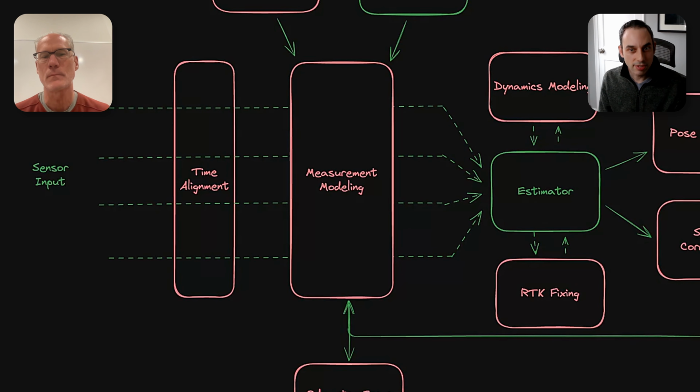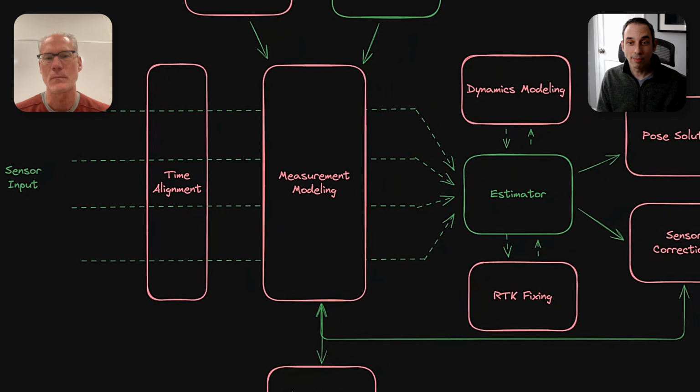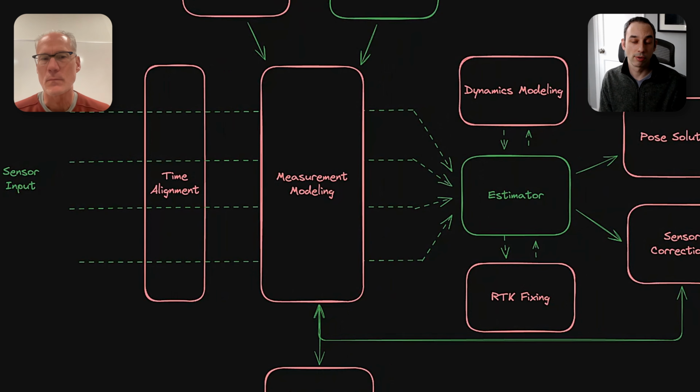This is a little easier said than done, but ultimately you push these measurements into this time alignment stage in this random order, and the time alignment puts them back into the order that they actually apply in the real world so that the rest of the system can use them without having to go through a lot of extra steps. That isn't to say in some cases that it's impossible to take advantage of data that's out of order. It's just a lot more complicated, and it has a lot more limitations in some cases.